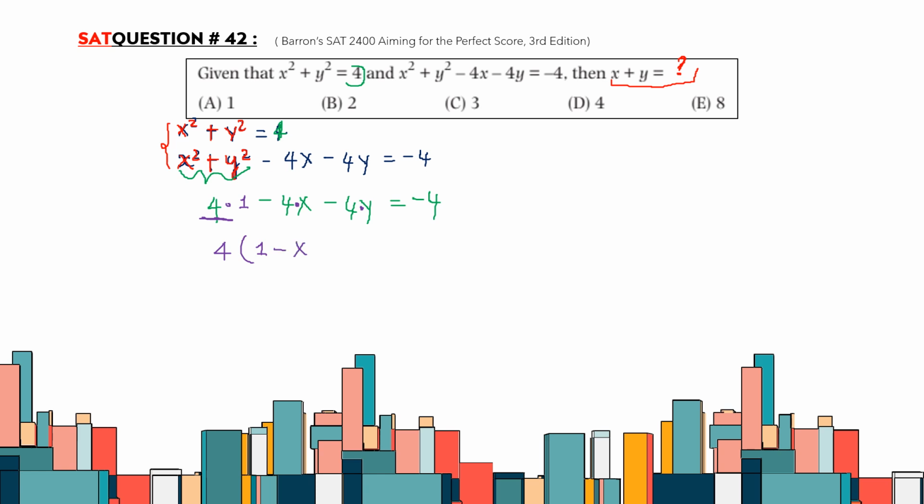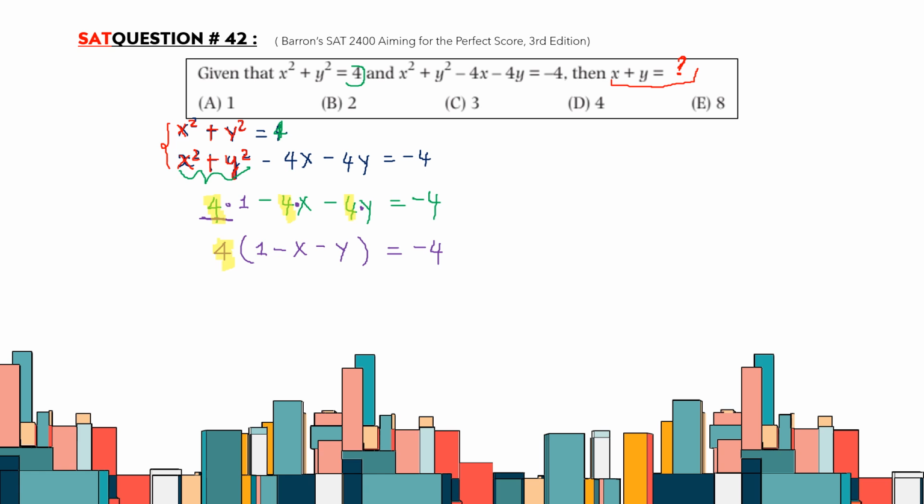Negative 4y, we take 4 out, we have negative y left. And on the right hand side, still negative 4. The part that I take out is 4, and we are left with 1 because 4 times 1 is 4. So we take only 4 out, and everything is left inside the parenthesis.